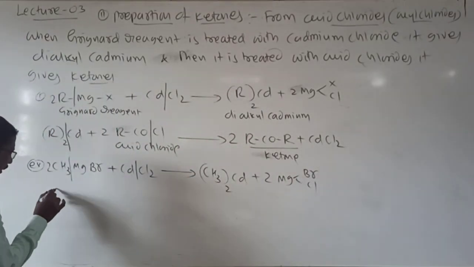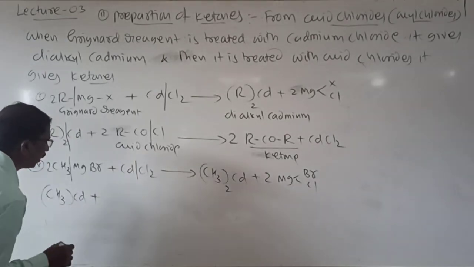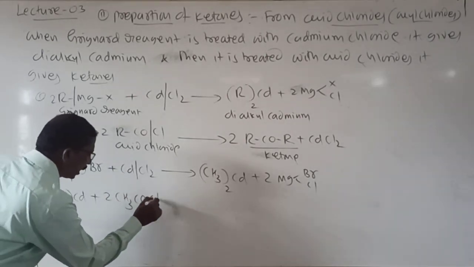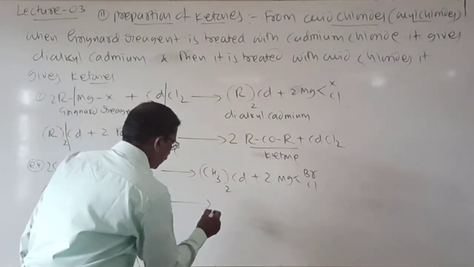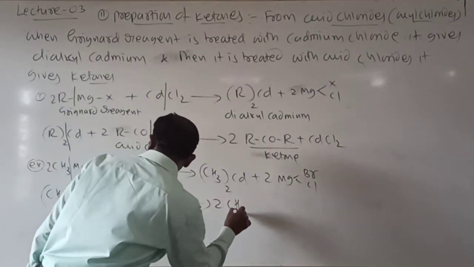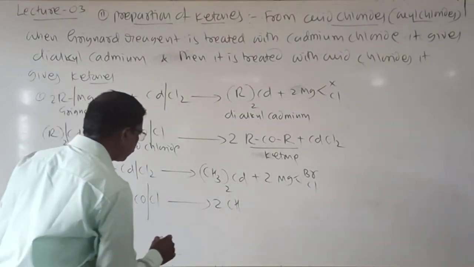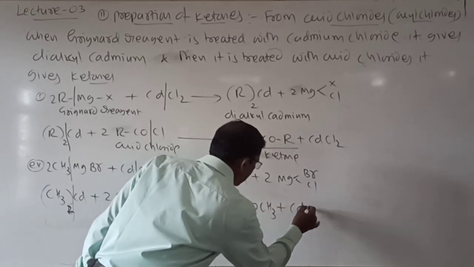And again this dialkyl cadmium is treated with acid chloride, CH3COCl, acetyl chloride, and here it breaks. So here it forms 2 CH3COCH3 plus CdCl2.